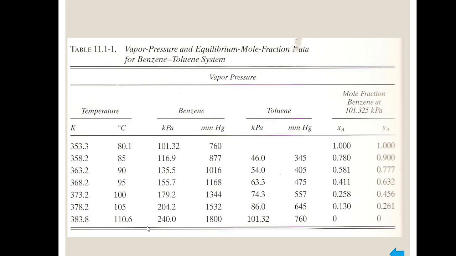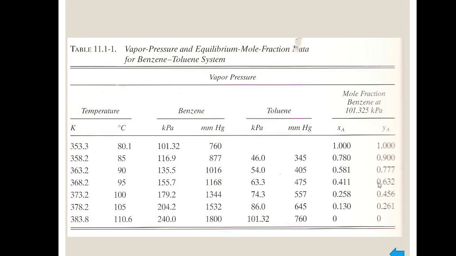Then I will just simply read from a particular column a value that I need with the same unit as indicated in the problem. But if the problem does not indicate any of the units for pressure, then you may choose from any of the two columns that we have in here. Again, we base the vapor pressure from the temperature in the first two columns.